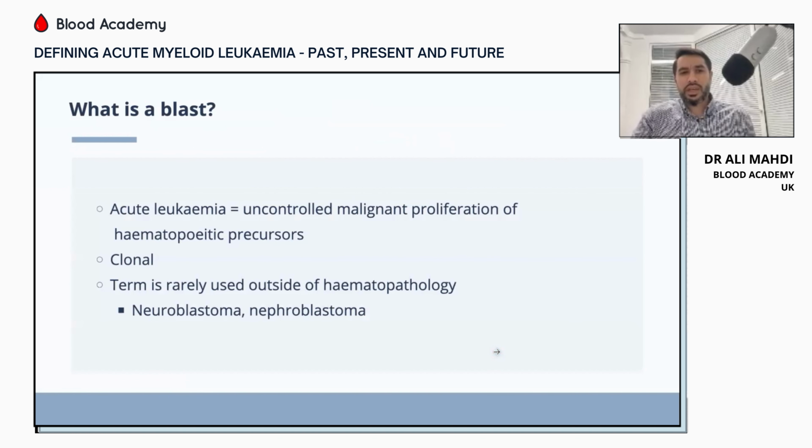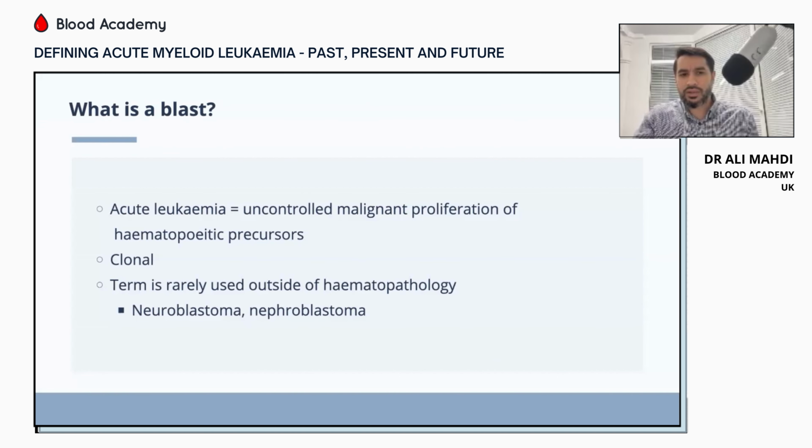So the first thing to think about is, what is a blast? What are these cells, this term which is commonly used? So generally, acute leukemia is an uncontrolled malignant proliferation of hematopoietic precursors. And this is what we often describe as clonal. They share some sort of genetic abnormality and are relatively homogeneous in terms of appearance.